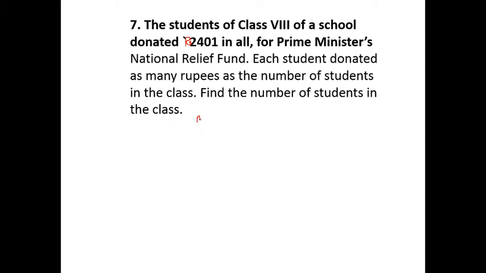So first of all, number of students multiplied by the same number of rupees. Each donates as many rupees as the number of students. So number of rupees is equal to the given 2401.